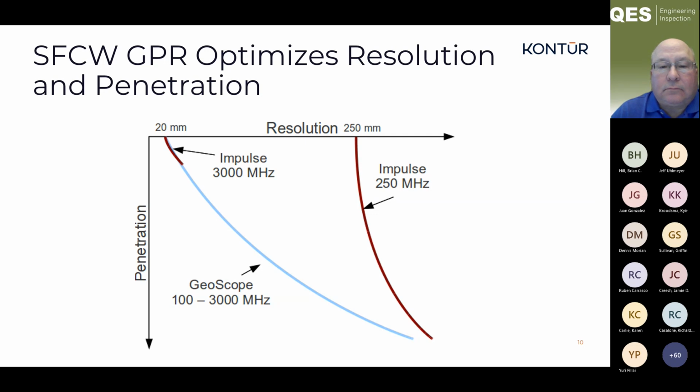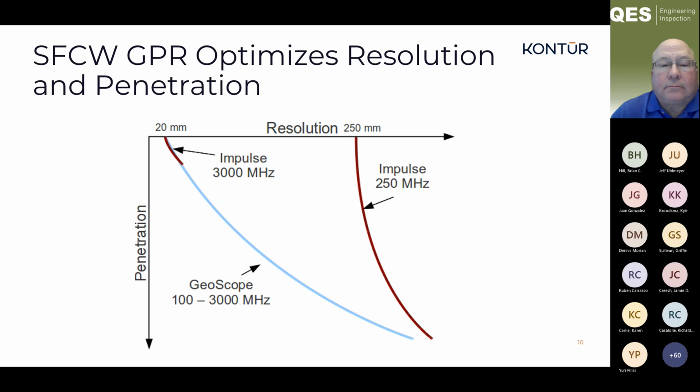On the other side of the spectrum, if I have a low frequency antenna, which is in this case only 250 megahertz, I get very good penetration into the pavement, but because of the size of that frequency of the radar, the resolution isn't as good.